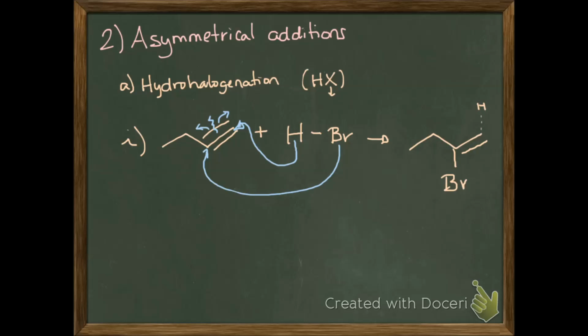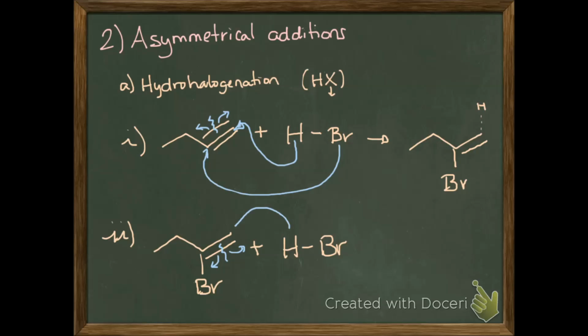In the second step, my alkene with the bromine will react with another hydrobromic molecule. Again, the double bond breaks, and each electron goes to one of the carbons. And again, the hydrogen comes where we have more hydrogens, and the bromine will come to the carbon with less hydrogens, where the double bond was.